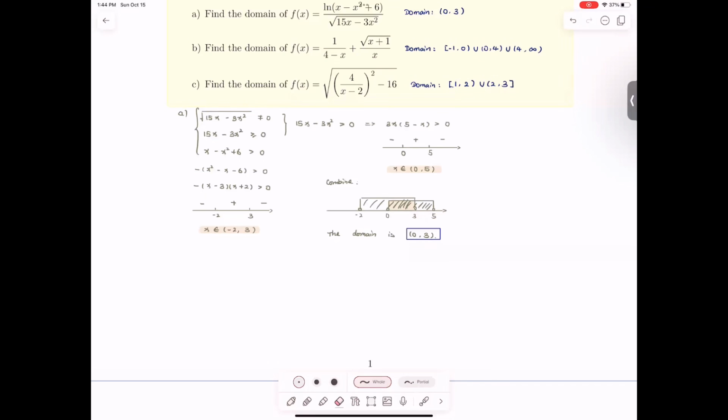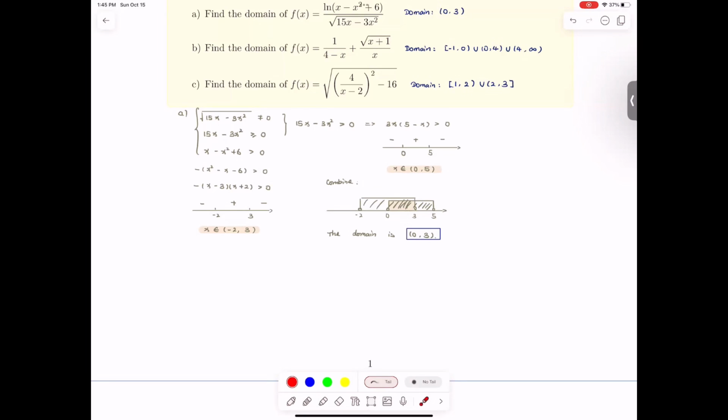What do you mean, make the expression positive? Yeah, it makes the expression positive. We want it to be positive, right? Yes.